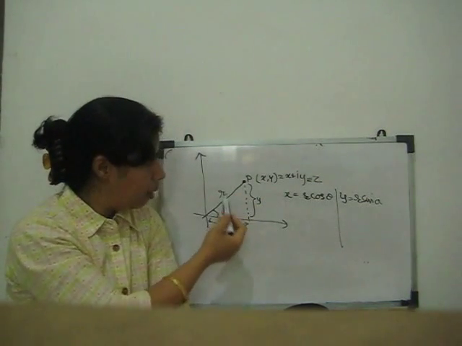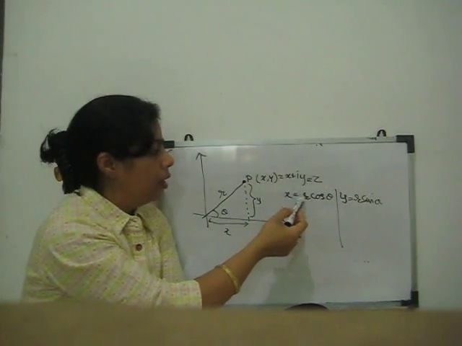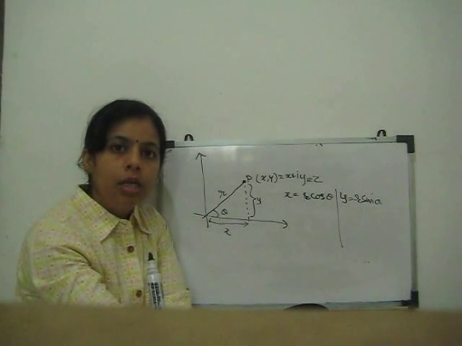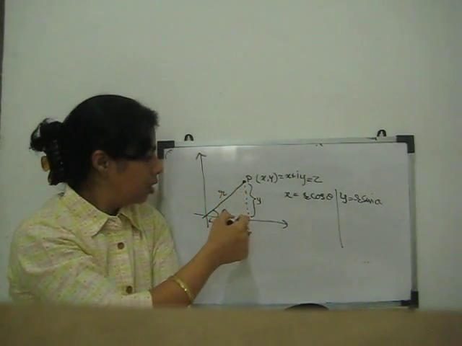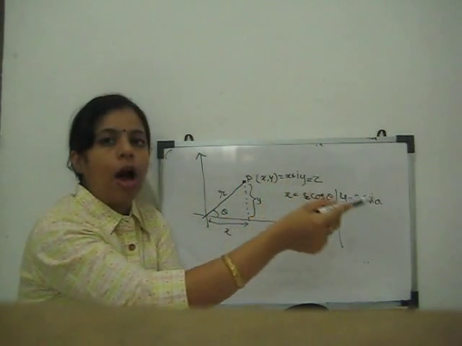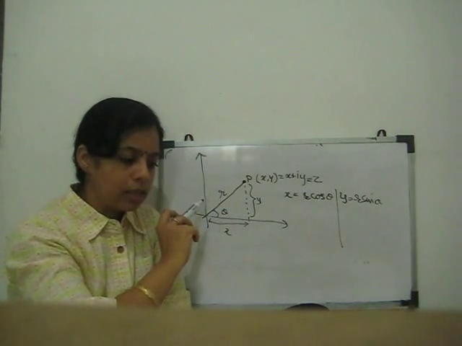Base is x, so x by r is equal to cos theta, so x is equal to r cos theta. Similarly, sin theta is perpendicular by hypotenuse, then y is equal to r sin theta. So this is given by this result.